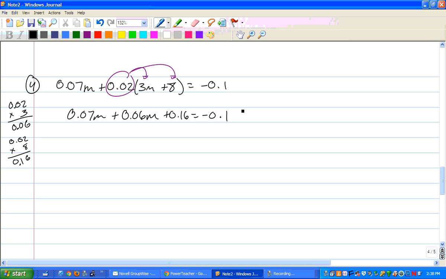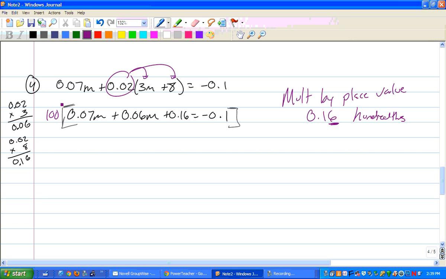Now what we've got to do, when we are getting rid of decimals, is multiply by the place value. The biggest one that we've got is in the second place value, the 100th spot. So we are multiplying everything by 100.